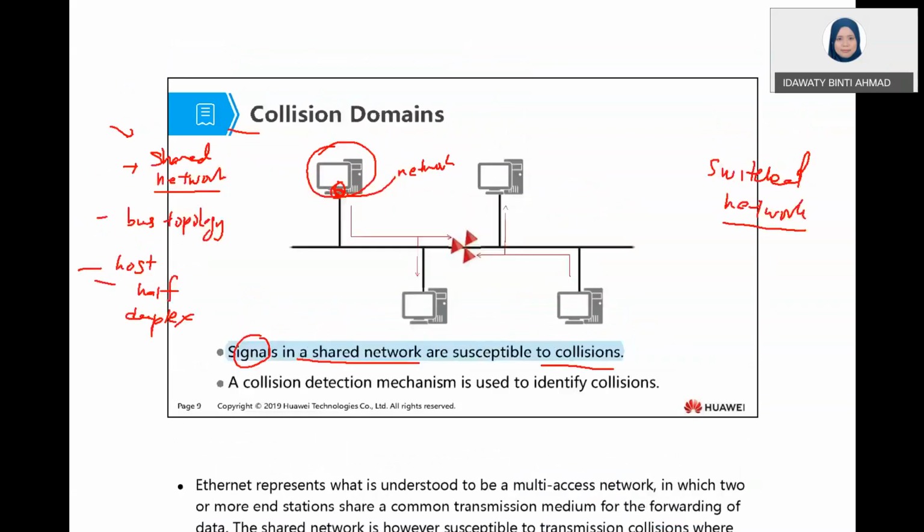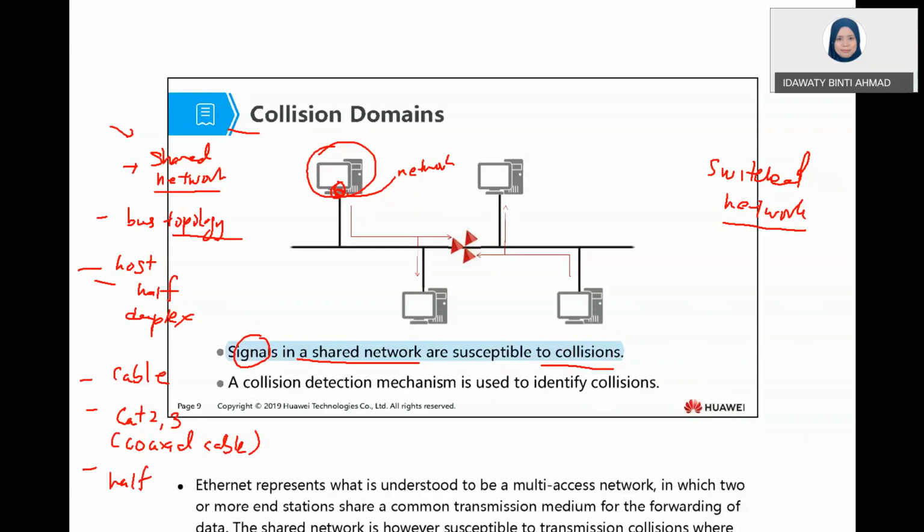And also, the topology itself is bus. The host or the network card is half duplex, and the cable itself, if you are using Cat2 or Cat3, which is using a coaxial cable, is also half duplex.